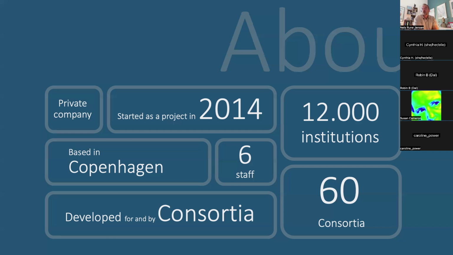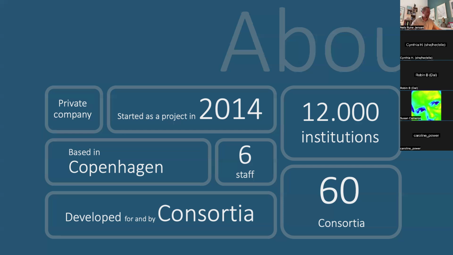We are now servicing more than 60 consortia and more than 12,000 libraries that are part of those consortia. We're 6 people, primarily based in Copenhagen, Denmark, which is where I'm from myself, and I'm speaking from right now. We're still a privately owned company, owned 50% each by me and my co-founder, Thijs, who also has a background in the subscription agent business.